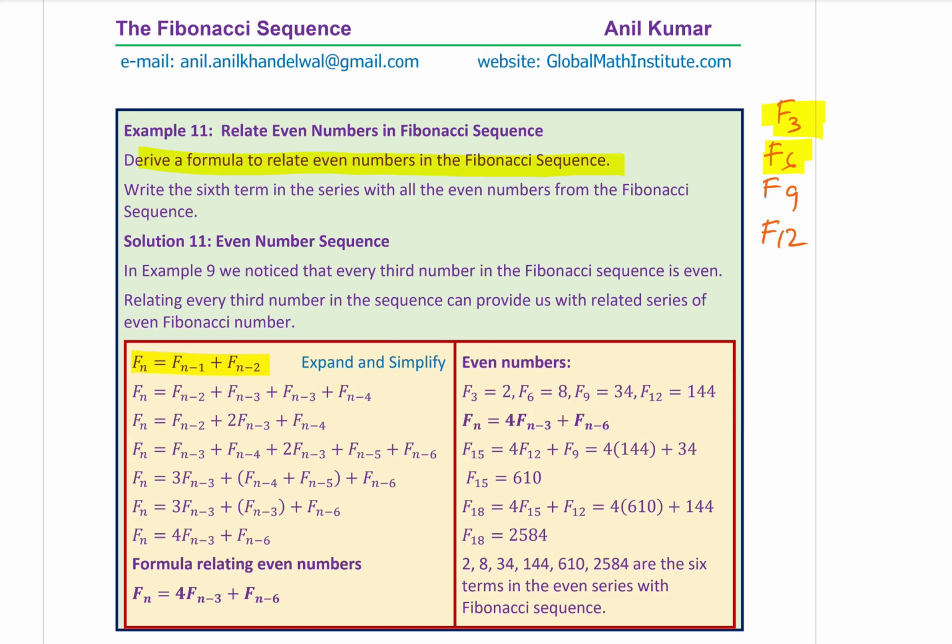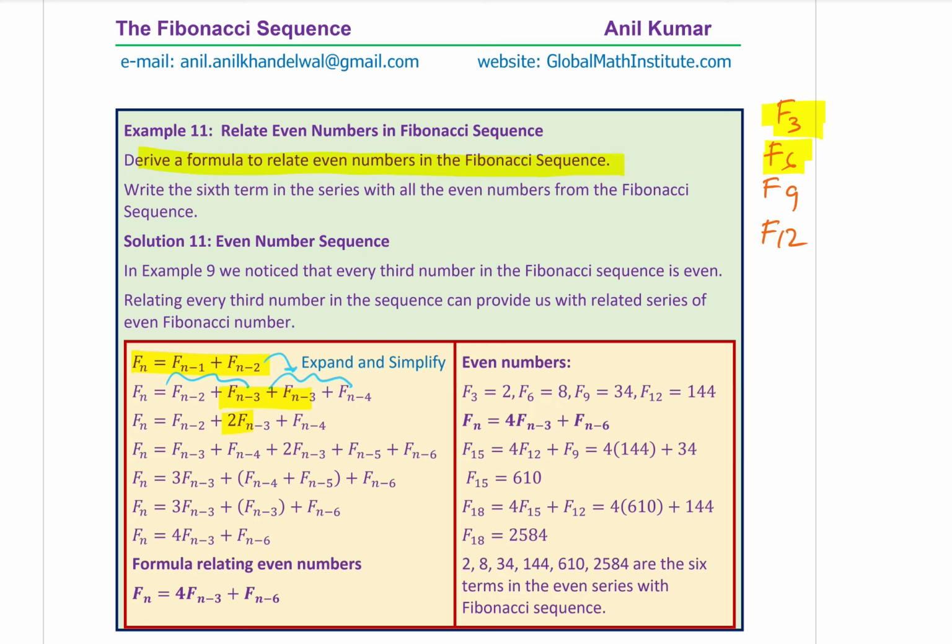So the first two are with Fn minus 1 and then with Fn minus 2. So we combine these four terms. Fn minus 3 gets combined and we're writing this as 2 times Fn minus 3.